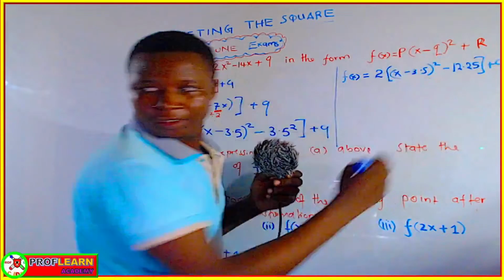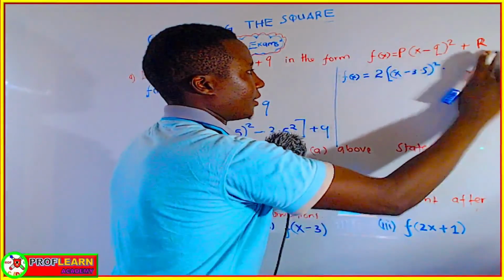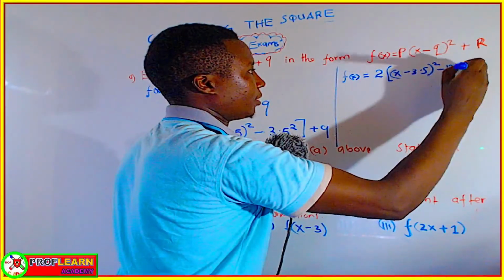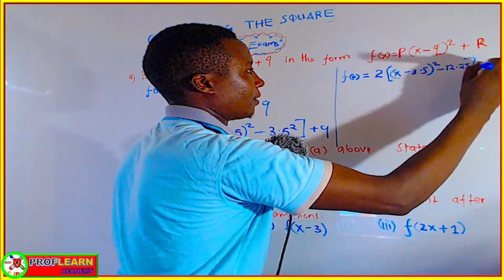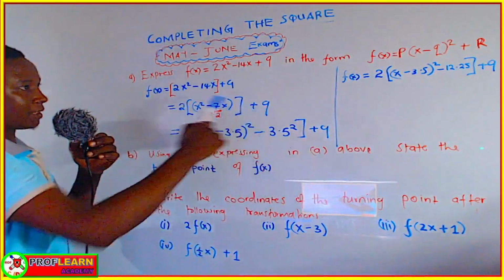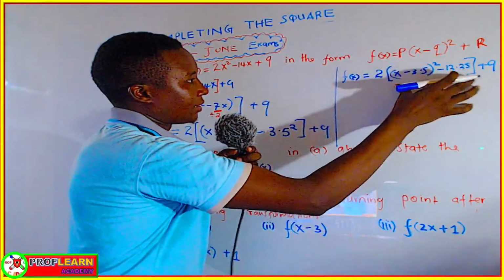Then we have plus 9, because already, let me write it properly, this is minus 12.25 plus the 9 that we were having at this point. Remember, we have this 2 and it's outside this bracket.